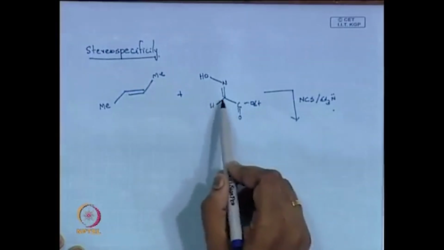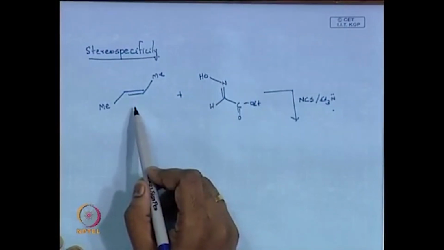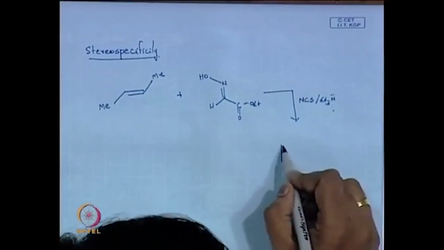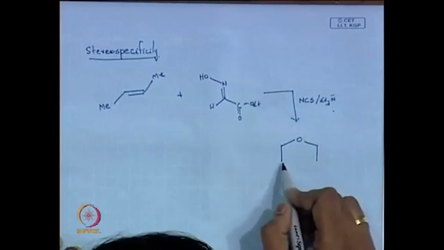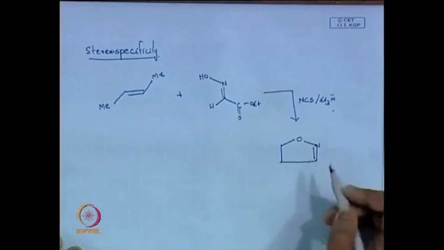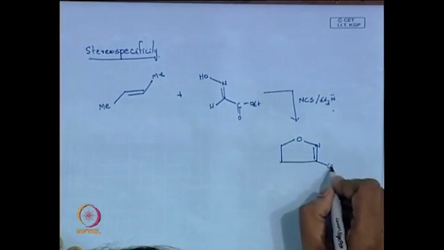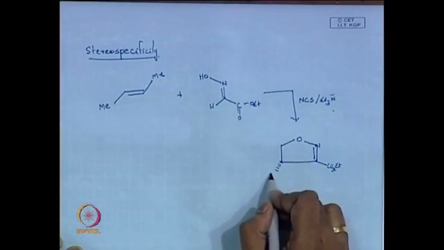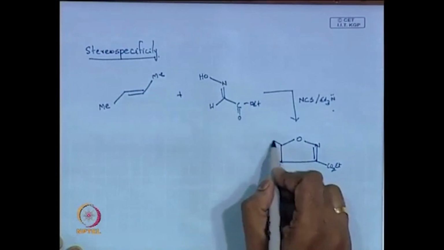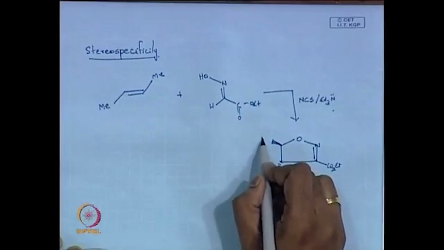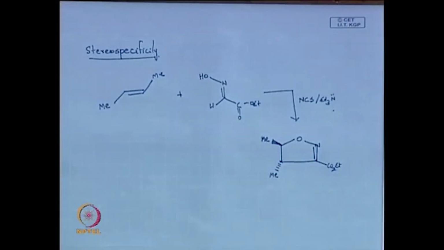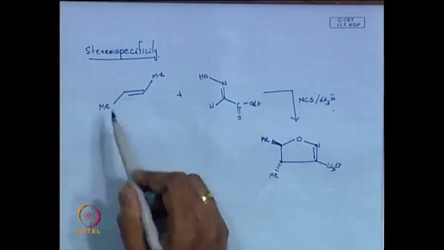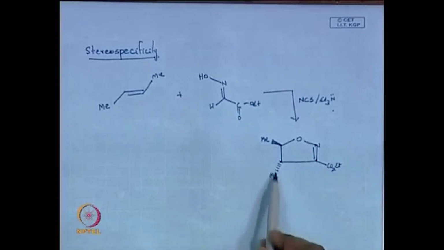This nitrile oxide then reacts with my alkene to give me a product. See, I get only one product of this type. Olefins are trans, so I get the trans type of product.